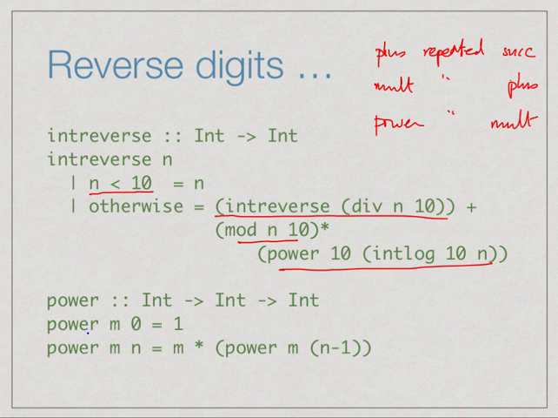We can write a power function which says anything to the power 0 is 1. And m to the power n is m times m to the power n minus 1. So using this function and the int log function that we wrote last time, we can compute the reverse of any set of digits.